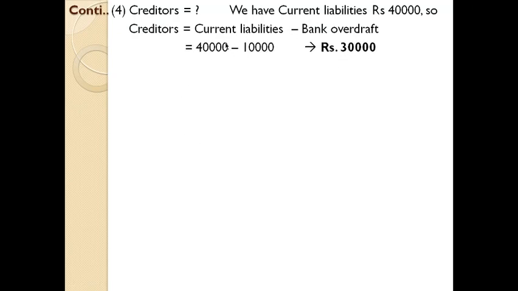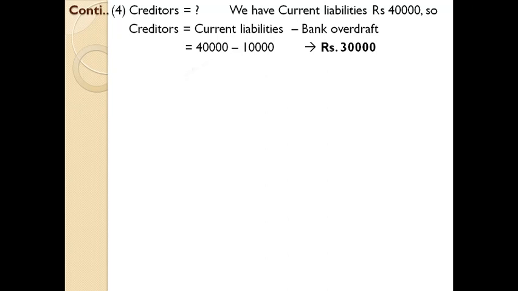So it is logical that the remaining amount might be creditors. For the time being, I am using creditors. You can use bills payable or any of the current liability examples. So the creditors equal current liability minus bank overdraft. Bank overdraft is 10,000 and current liability we already found 40,000. So you will get 30,000. I hope you are following the concept.